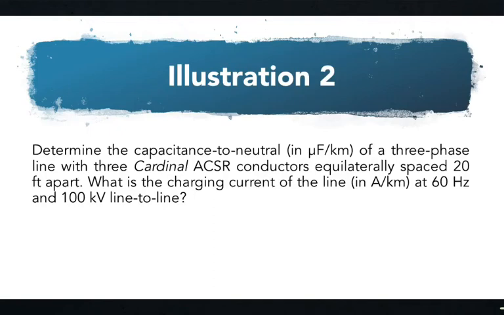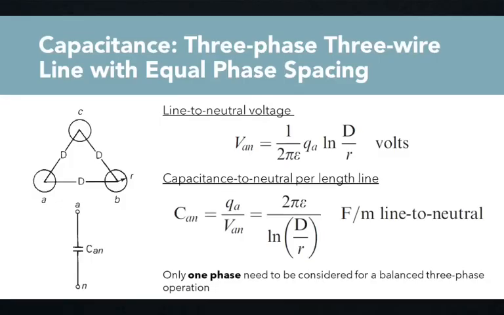So from there, we know now, among those various formulas, which to use. Equilaterally spaced 20 feet apart. What is the charging current of the line at 60 hertz and 100 kilovolts line to line? So that is what we will use.